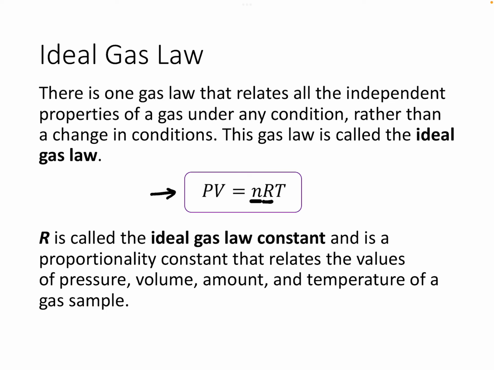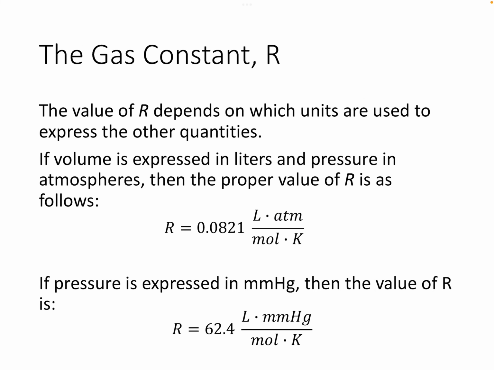It's just going to be at one particular state. All right, so now we can relate pressure, volume, amount, and temperature to each other in one law. But let's talk about that ideal gas law constant, R.